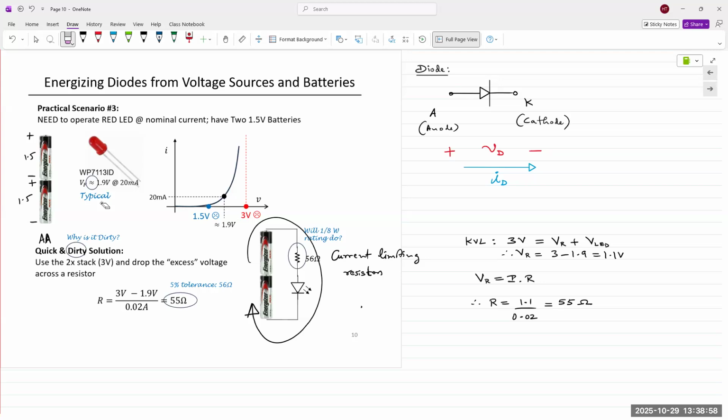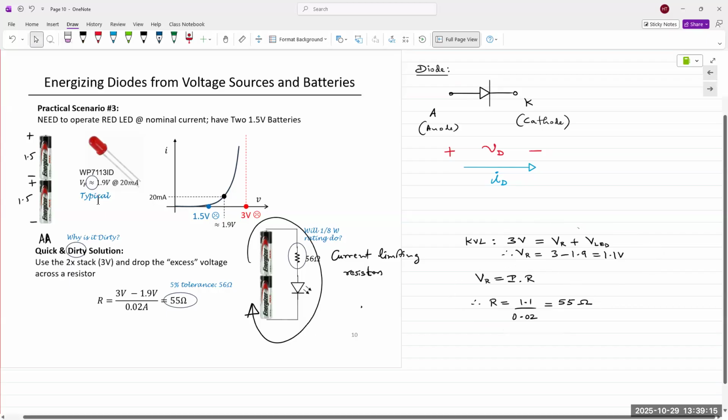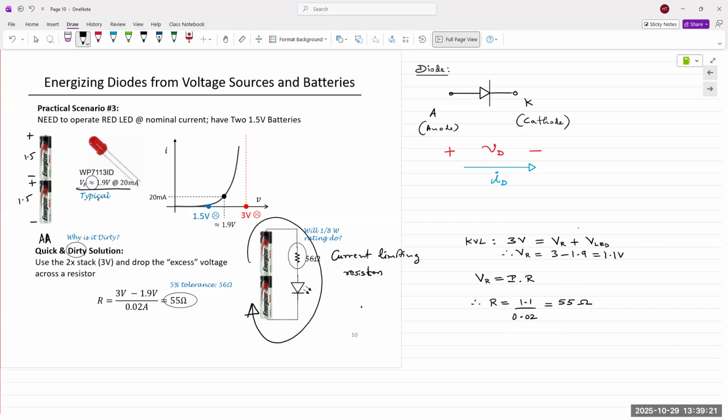Yes, that is correct. So the question being asked is, what am I using in the equation? Are you talking about this one or this one? The Ohm's law. Yeah, so those specs are obtained from here. These are the given specs: 1.9 volts at 20 milliamps.